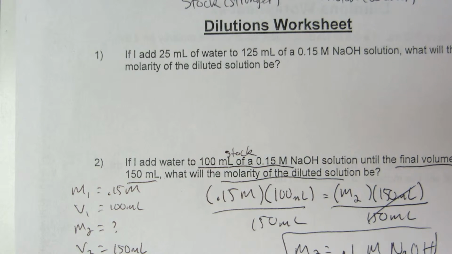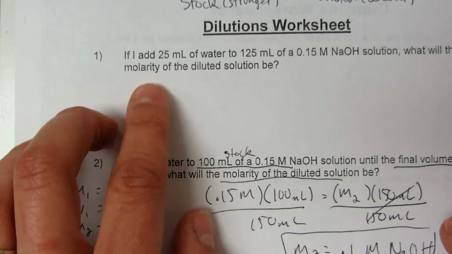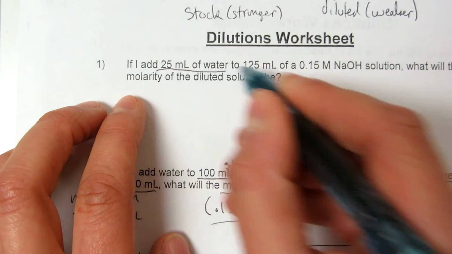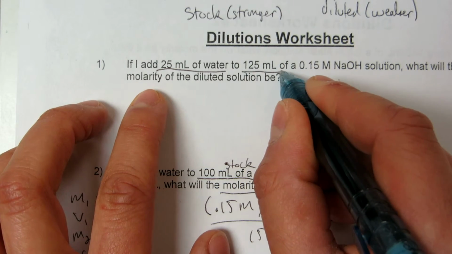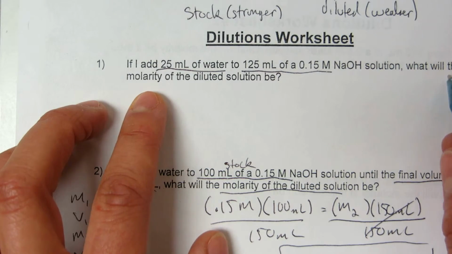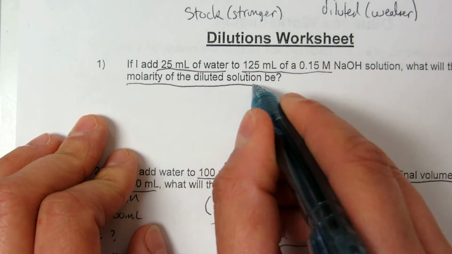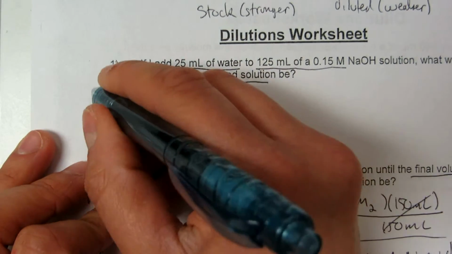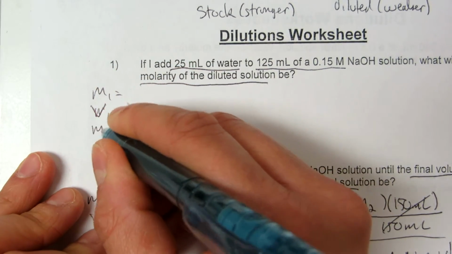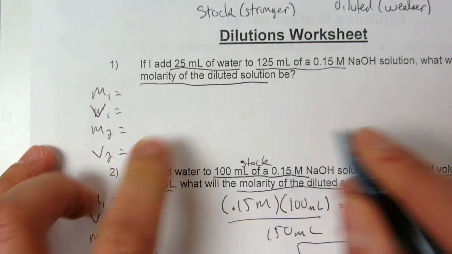Number 1, there's a little extra step to think about here. It says if I add 25 milliliters of water to 125 milliliters of a 0.15 molar sodium hydroxide solution, what will be the molarity of the diluted solution? Okay, so let's pick away at this. V1, M2, V2. All right, a couple things here.